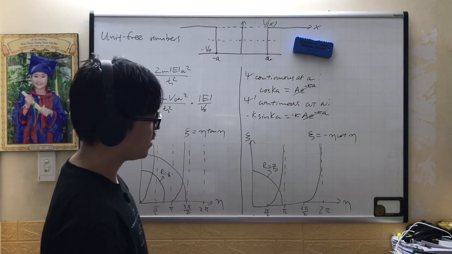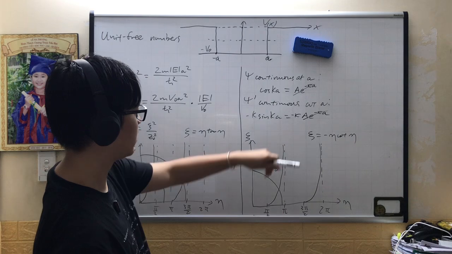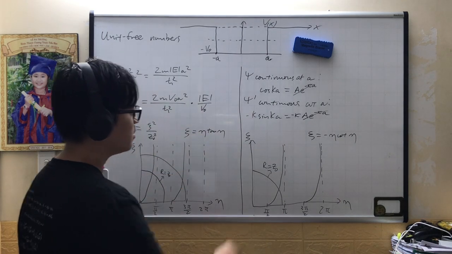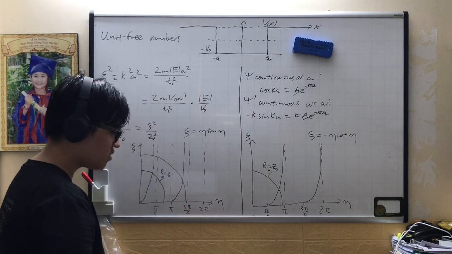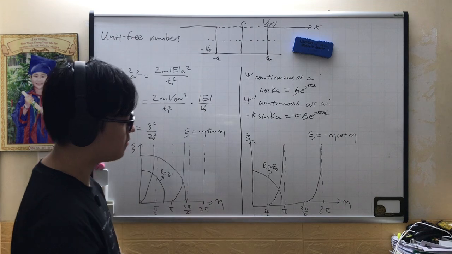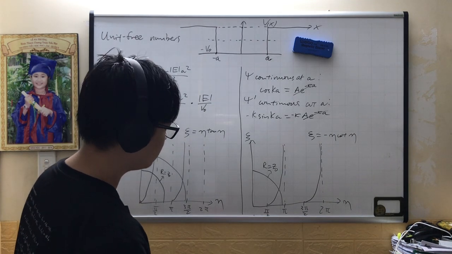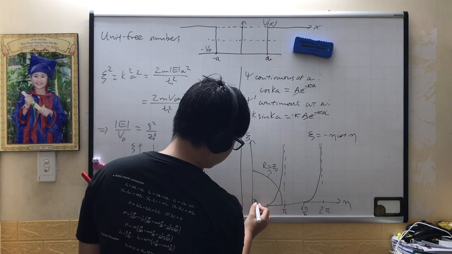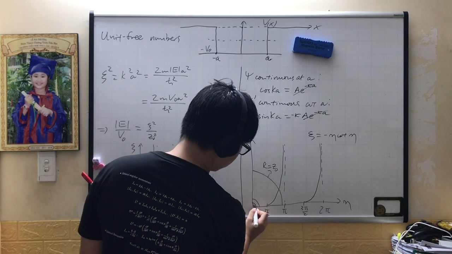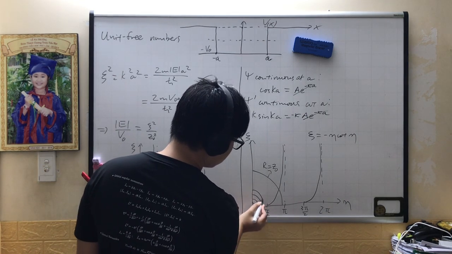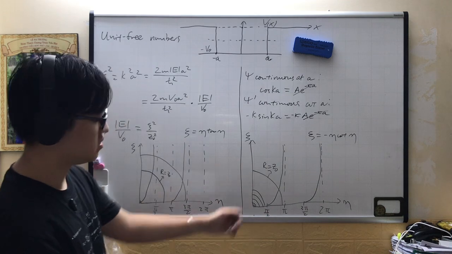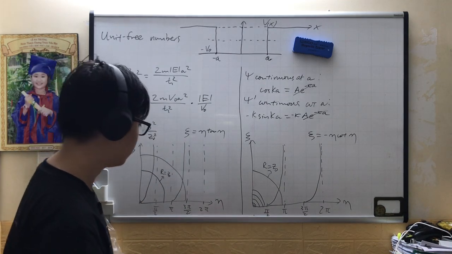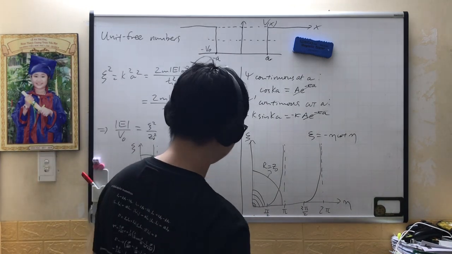But on the other hand, when you take a look at the odd one, you can see that it started from pi over 2, meaning that if your radius is small like these, there would be no odd bound states.